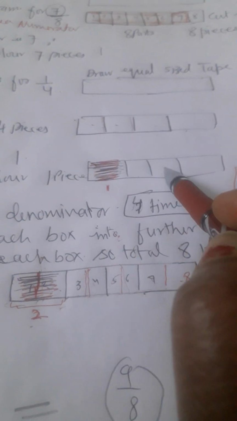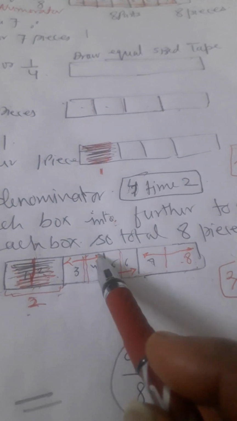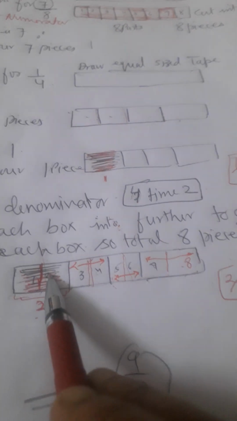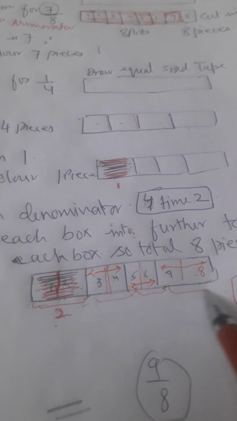So 2, 4, 6, 8. I am making arrows like this: 2 here, then 2 here, then 2 down, and 2 up. Jumping by 2: 2, 4, 6, 8. Take 2 together, 2 together, like this.